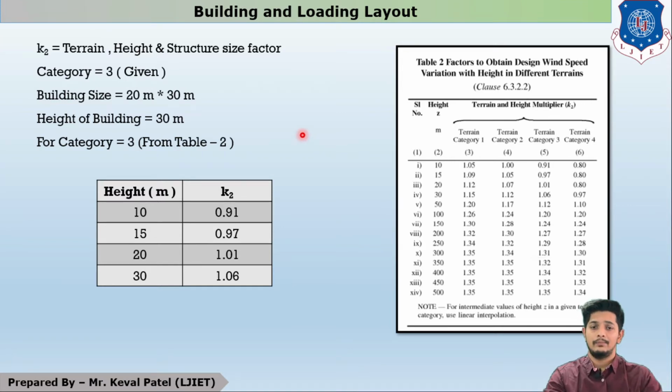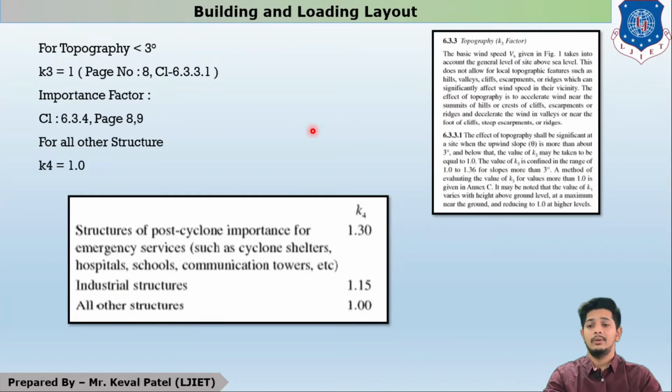We choose K2 according to the terrain category given in the problem. After K2, we went for K3. K3 is a topography factor and it is clearly written in clause number 6.3.3 and 6.3.3.1 that K3 should be 1 when the slope of the building is less than 3 degrees.